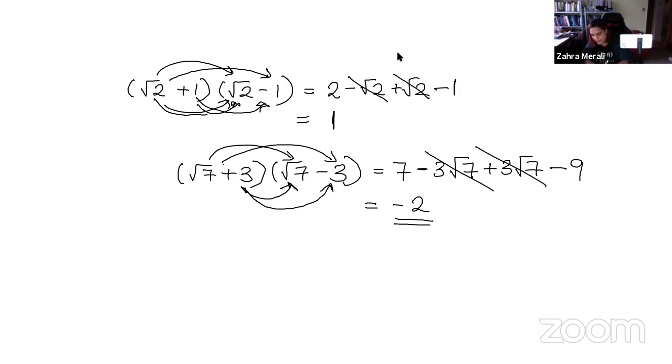Let's take something that doesn't necessarily cancel out. So let's take root 8 plus 3 multiplied by root 2 plus 5. From what we did previously, we know that root 8 simplifies, but I wouldn't worry about simplifying it inside the bracket. You're just going to confuse it. So we're going to do root 8 times root 2 first, and that's going to give me the square root of 16.